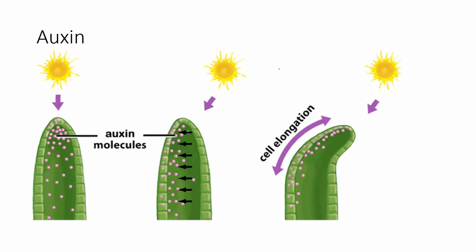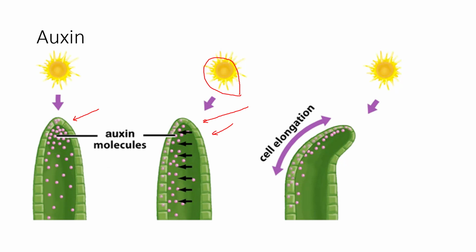One very important hormone in plants that I want to mention is auxin. Auxin actually triggers growth in plants. So in this example, auxin is produced at the tips of the stems, and it will actually accumulate on the sides of the stem that are dark. So notice the sun is on the right over here, and so the sun is shining on this side of the plant.